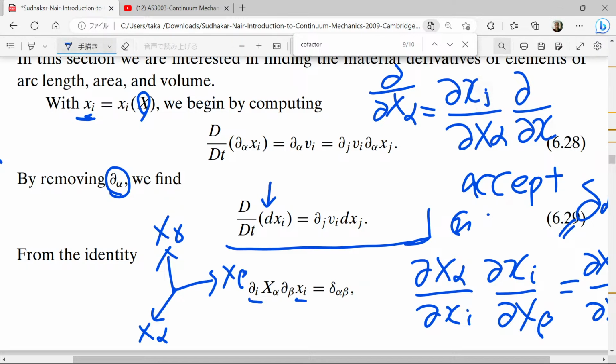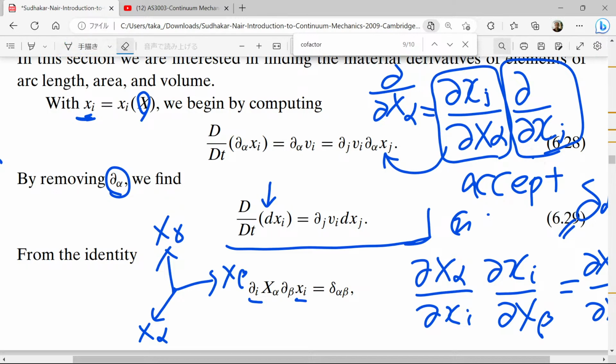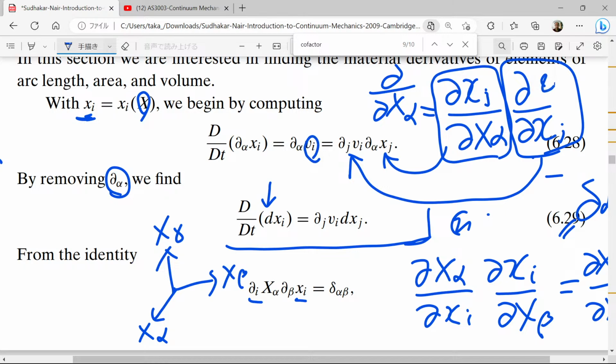So we have j here, this guy is here, and this guy is here. Because we have v here, we put v here, vi. So this is the trick.